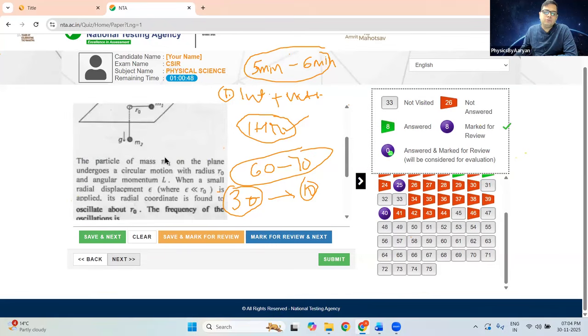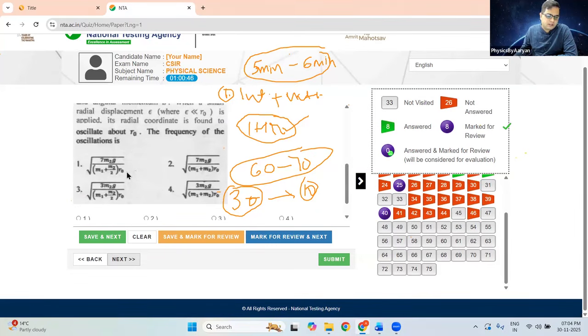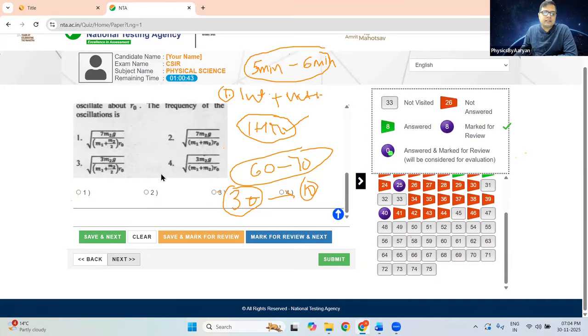I apply the Lagrangian and then use the method of small oscillation to get the final answer. But obviously this question can get stuck.